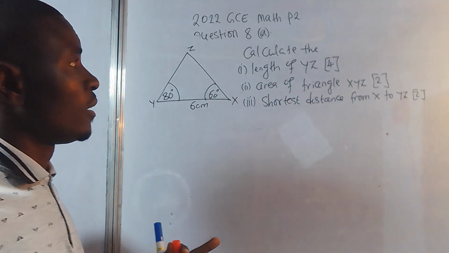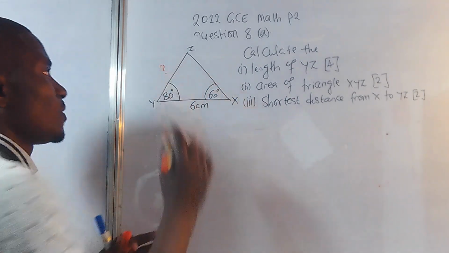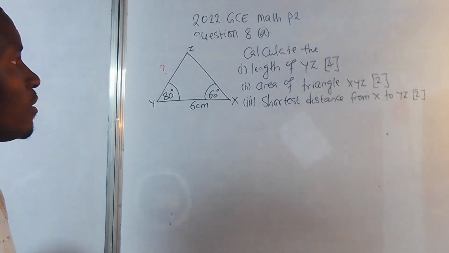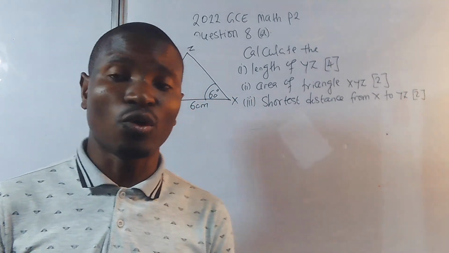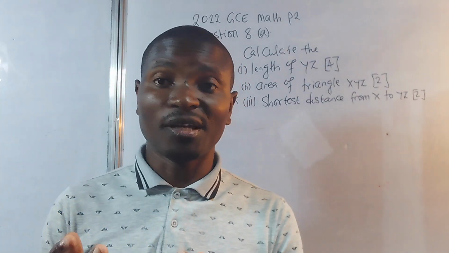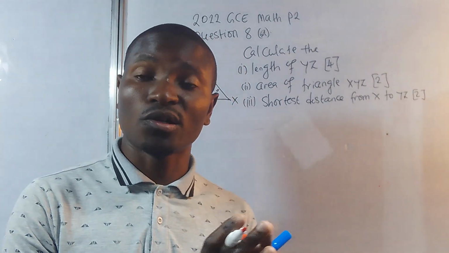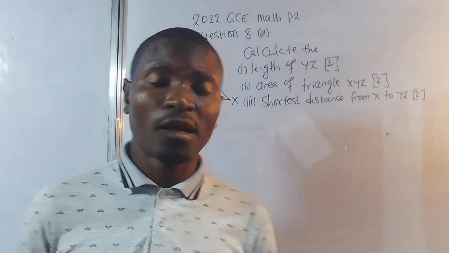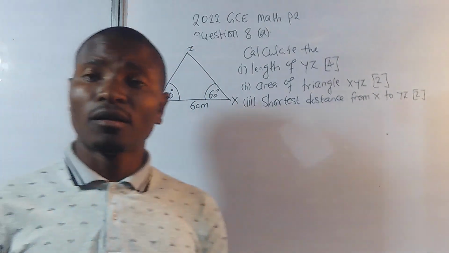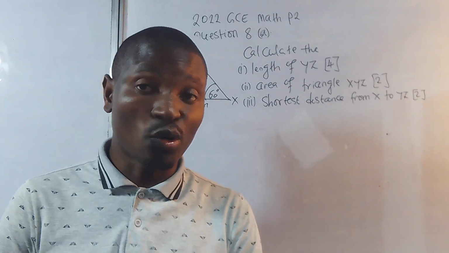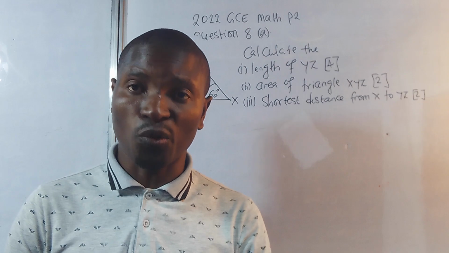So to find YZ, which is just that length, you have to figure out, first of all, which of those formulas is going to work out. Is it the cosine rule or the sine rule? When you look at this one, most likely we are going to use the sine rule.